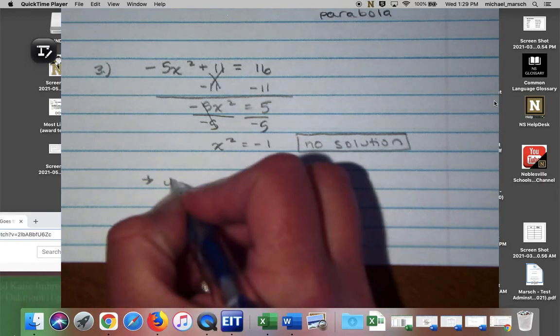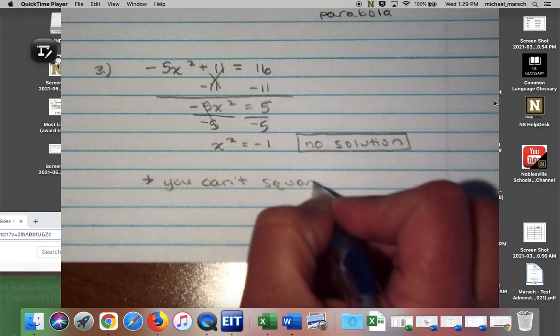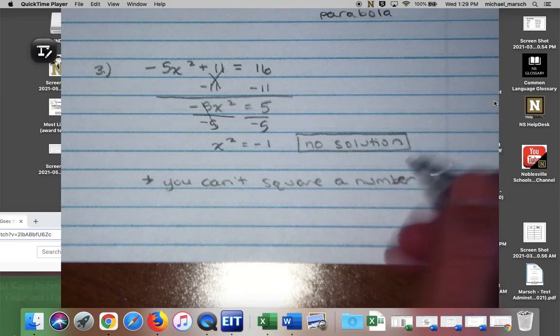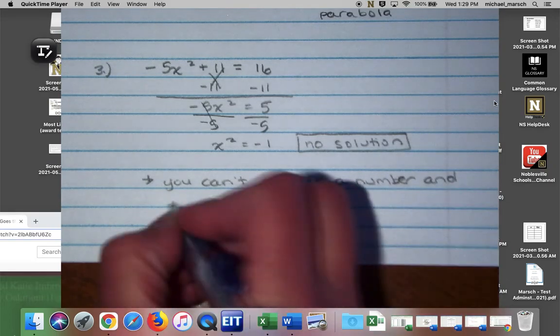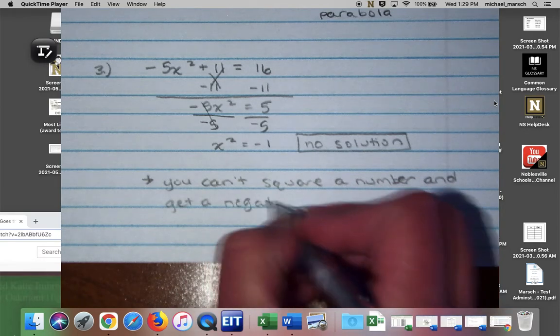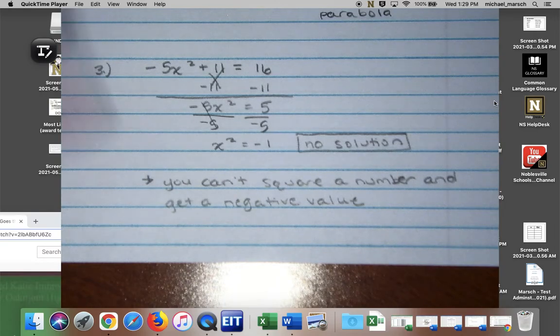And the reason is you can't square a number and get a negative value. Right? So if you get to this step and it's like x squared equals negative 30, your answer is no solution.